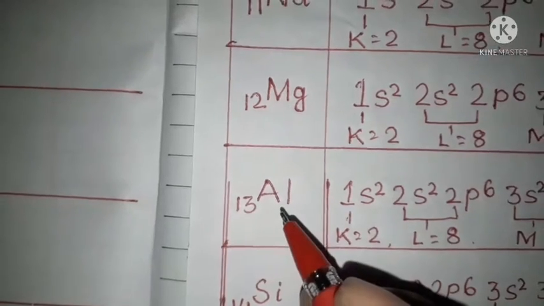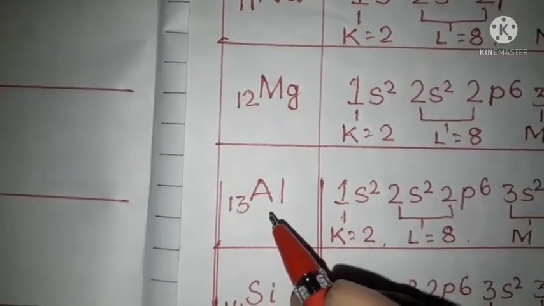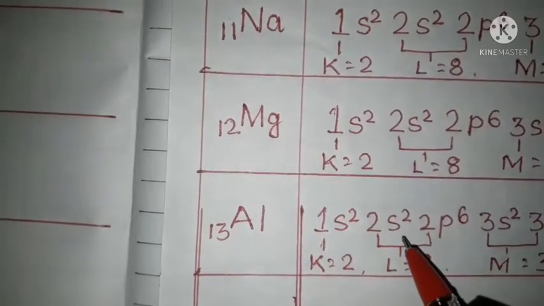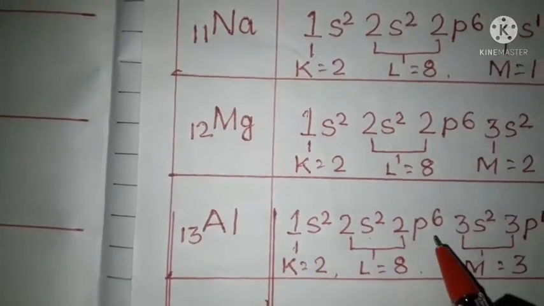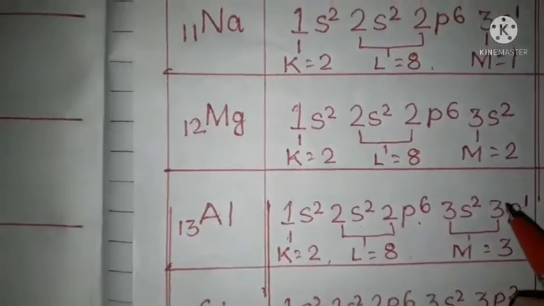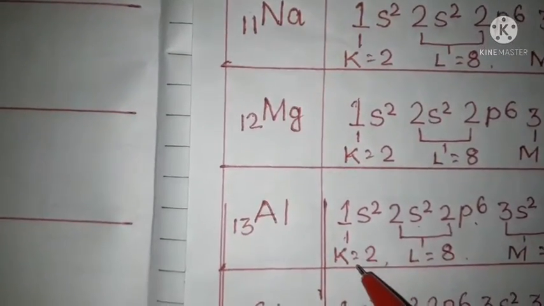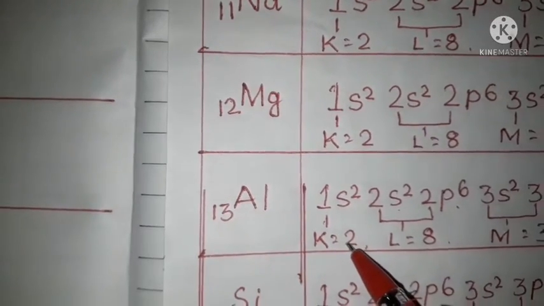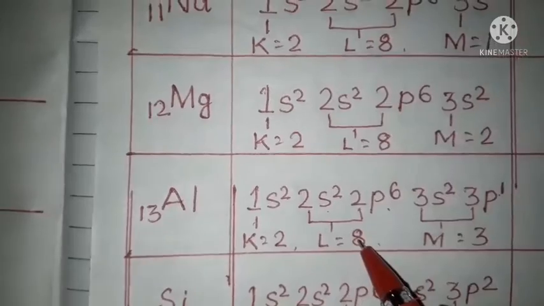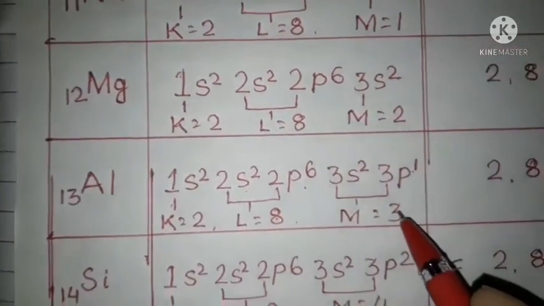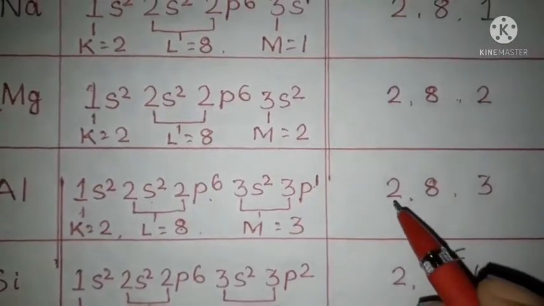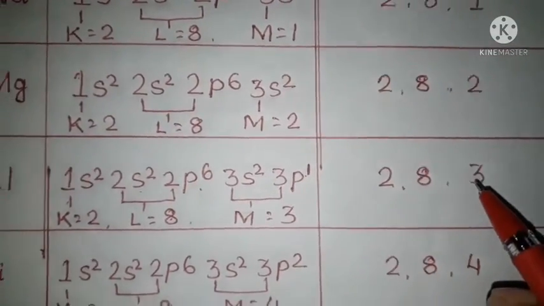Now in aluminium, Z of aluminium is 13. So we write it 1s2, 2s2, 2p6, 3s2, 3p1, in which K shell 2 electrons are available, in L shell 8 electrons are available, and in M shell 3 electrons are present. So we write in another form 2 8 3.